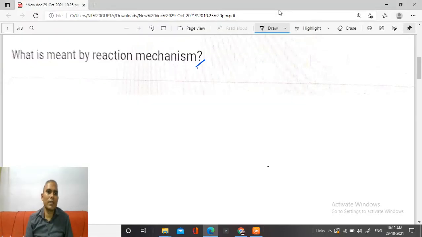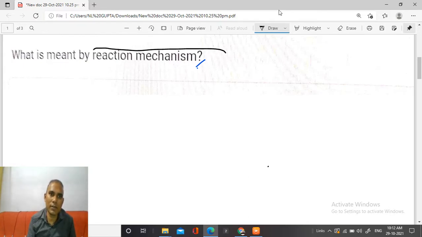Hello students, let us try to understand the meaning of reaction mechanism, friends. What is the meaning of reaction mechanism?